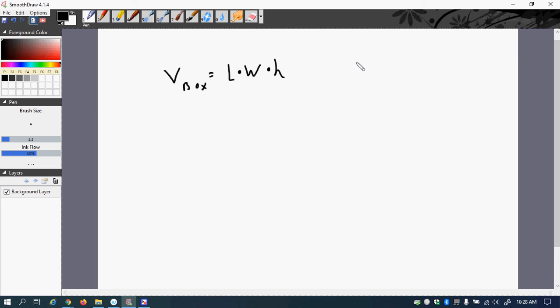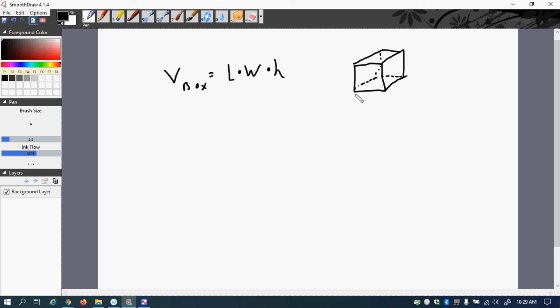So we have a box, so I'll draw a box. It's a little difficult to do, but we can do it. Not the best box, but you can get the picture, and there are dotted lines here so you can see that it's three-dimensional.